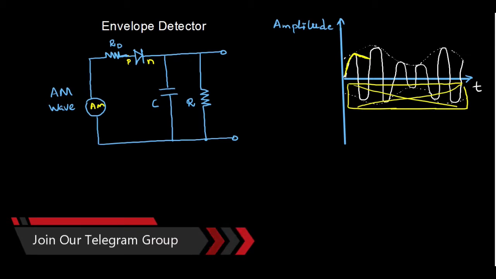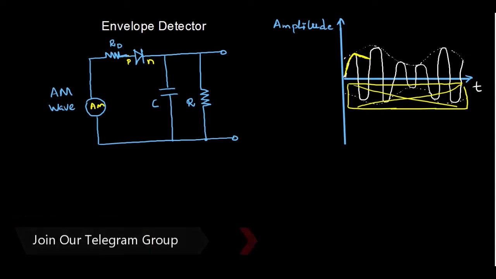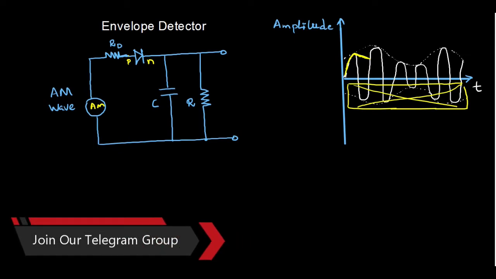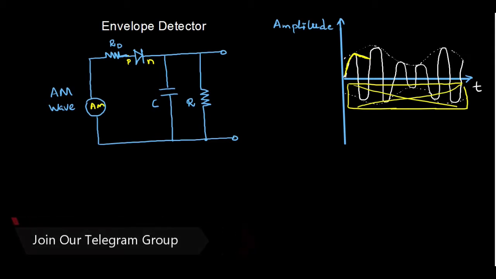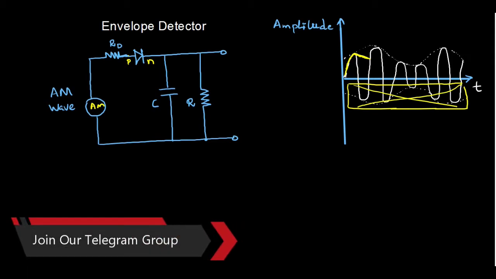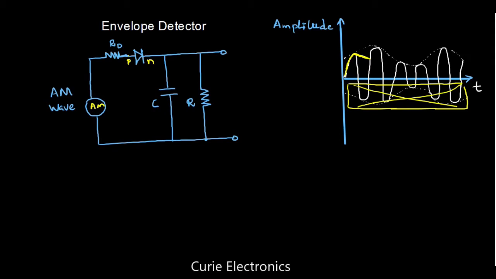Why the diode is not conducting, that we have already seen. Once it discharges to the peak value of the carrier, or the envelope of the AM wave, the capacitor will store that voltage. The capacitor will be charged, so the voltage across the capacitor will be greater than the P region diode voltage.